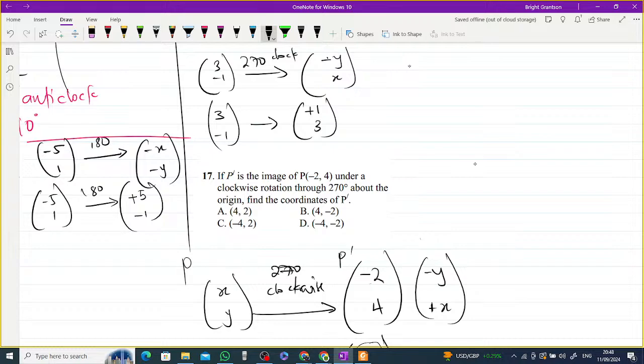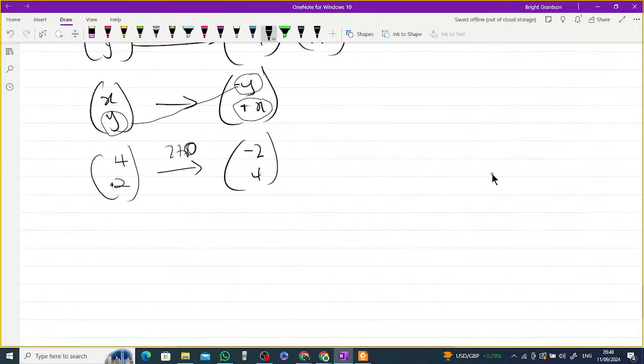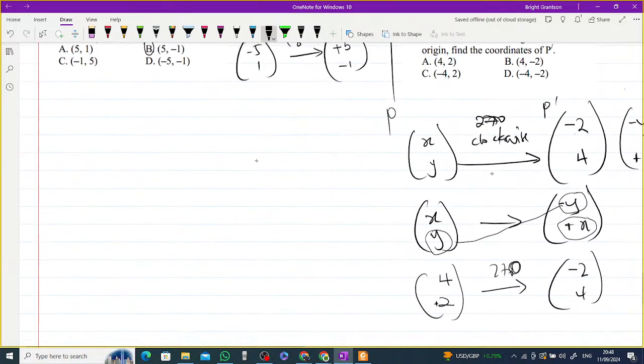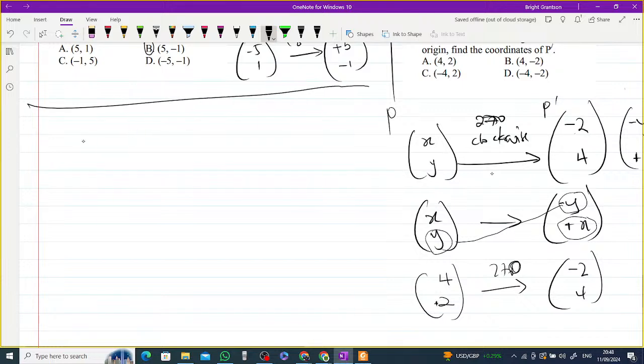Okay, now the next thing I want to talk about is translation. Translation means you are moving the object without changing the shape.